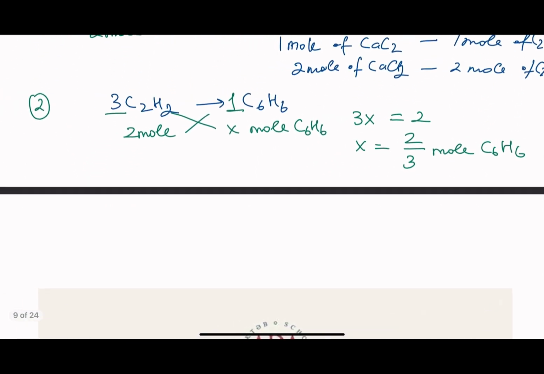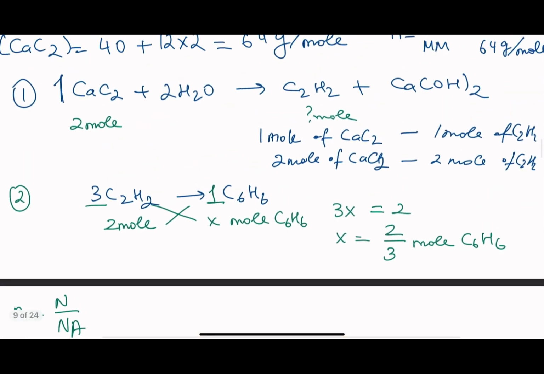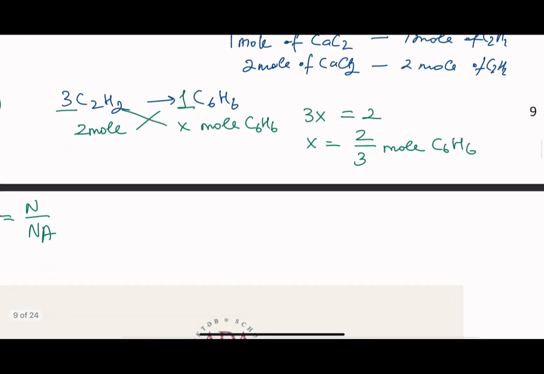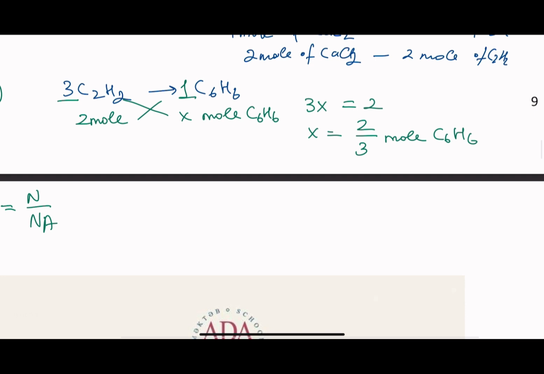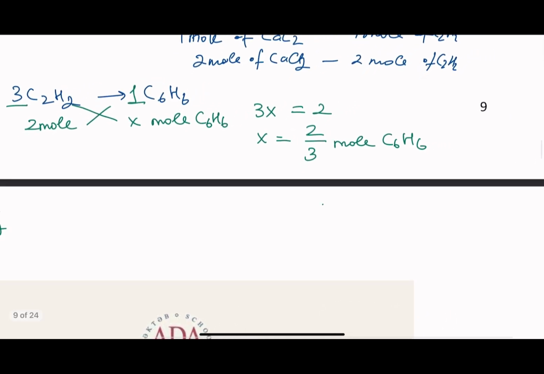So the formula is n equals N over Na. We know this formula. But in this case, it is asking us the hydrogen atoms, right? So we know that for 1 mole of C6H6, you got 6 mole of hydrogen atoms.